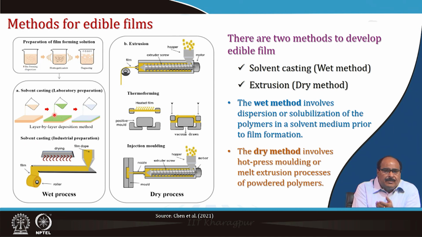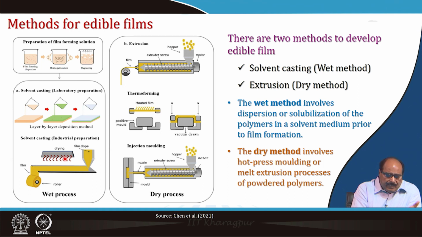The layer by layer deposition method is generally popular at the laboratory scale or a smaller scale, but in the industry, you see here that the film dope is poured on a moving thin plate and dried with the help of hot air or ambient air.